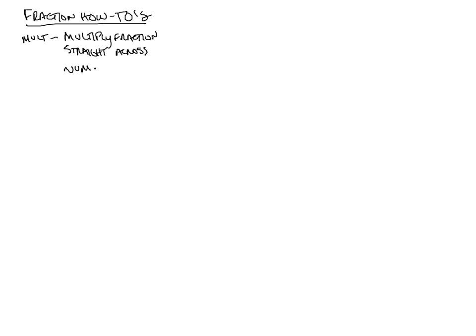In other words, numerator with numerator, denominator with denominator. Okay? For example, 3/4 times 4/5 is 12/20. So 3 times 4 is 12, 4 times 5 is 20.